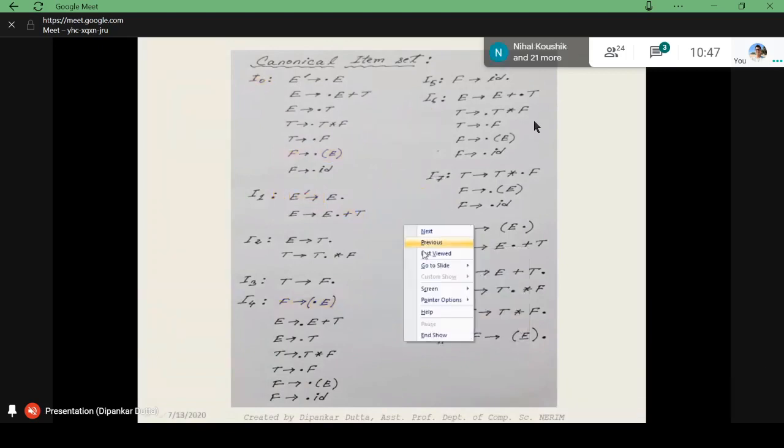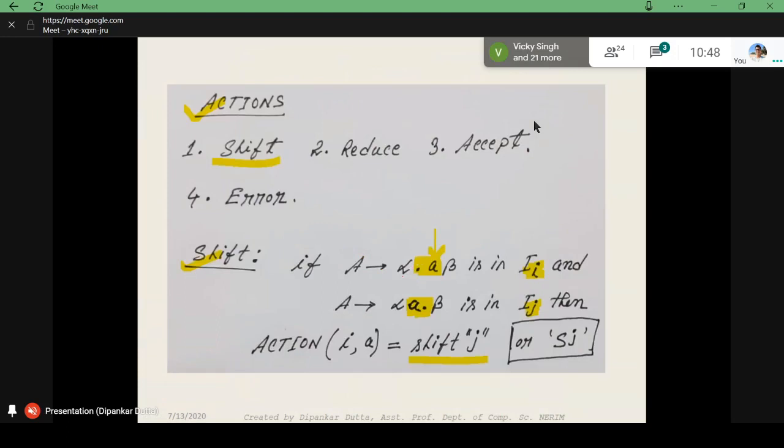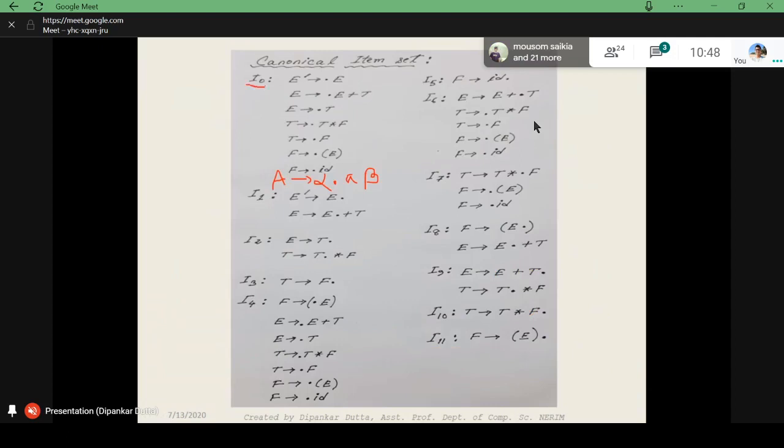So first you should know about the comparison. It's very interesting. We have a production, suppose A implies alpha dot A beta. Here it is alpha dot A beta, in I0.